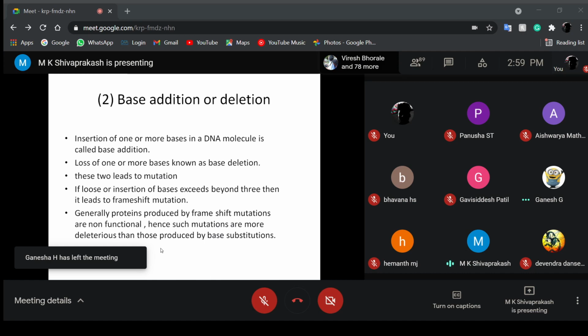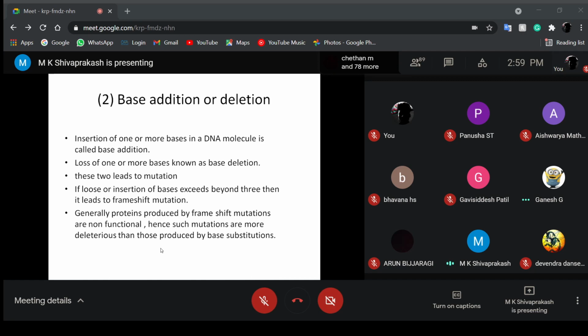Then base addition or deletion. Insertion of one or more bases in a DNA molecule is called base addition. Loss of one or more bases is known as base deletion. These two lead to mutation.